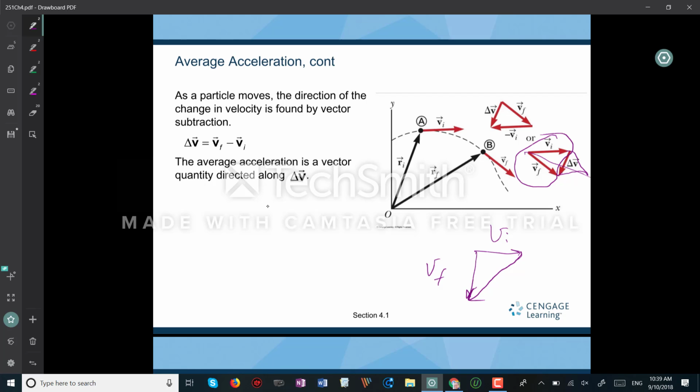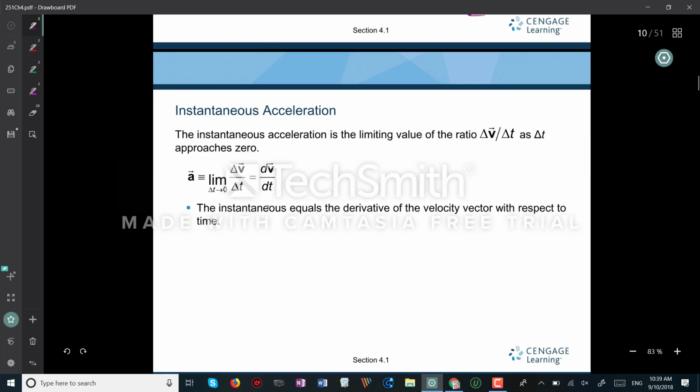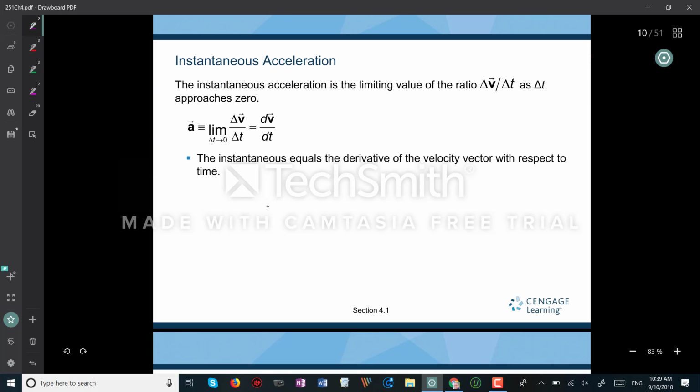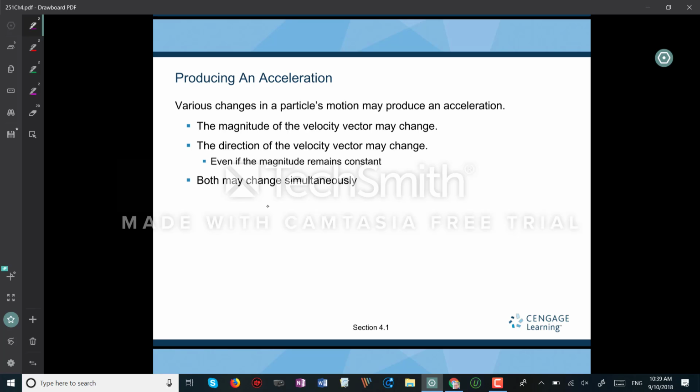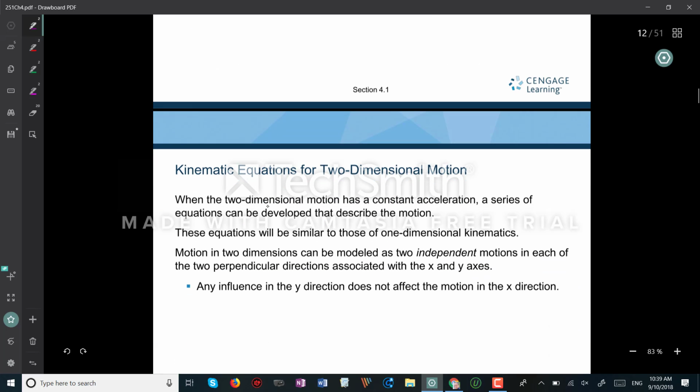So that's delta V. Again, instantaneous. Each of these can be considered over finite limits or in terms of their derivatives, mathematical functions.